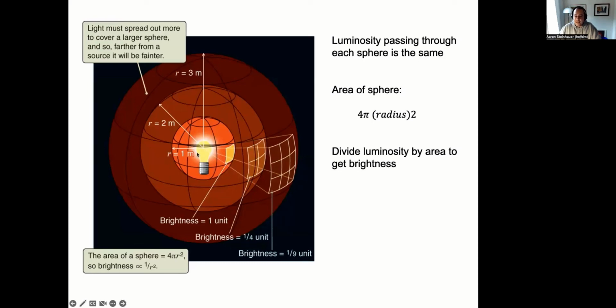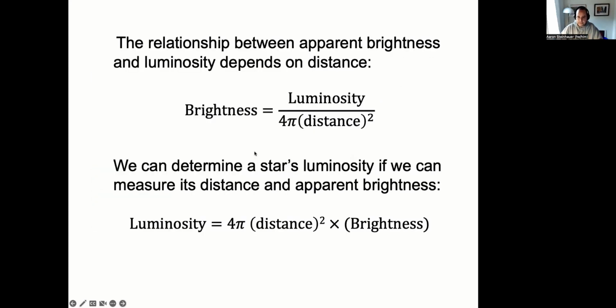If this lamp is emitting 60 watts of energy per second, and you want to know what the brightness of that is, you just have to spread that 60 watts over an area that is a shell completely surrounding that light bulb. And so you'll get only a fraction of that energy passing through each square meter as you move further and further away from it.